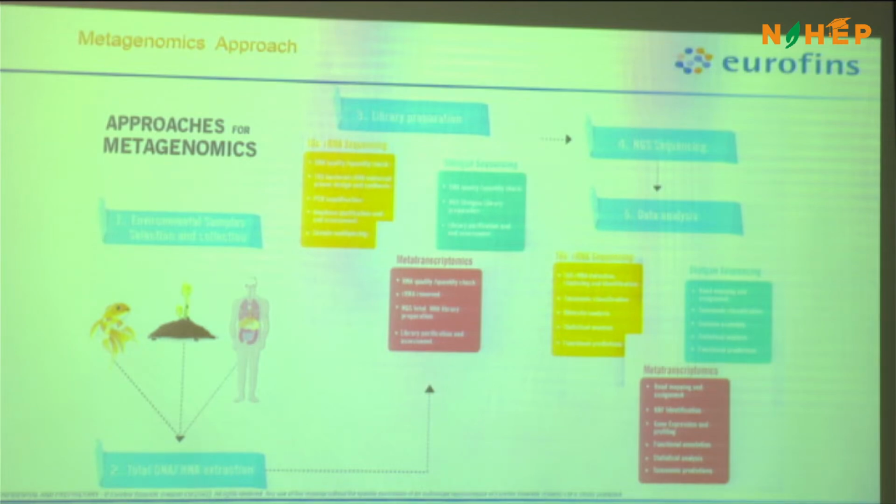So we need to know why we are using these different services and why these applications are so important. Now, if I am trying to do an abundance, 16S or ITS or a particular gene-based amplicon is helpful. Why? Because I'm trying to capture a particular region of all the microorganisms present in that sample.